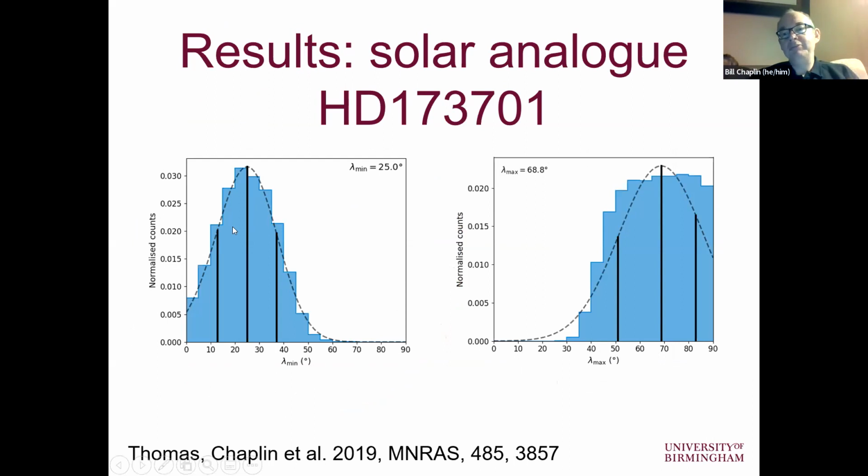The latitudes seem to be shifted upwards to higher latitudes. The minimum latitude, where the band of activity runs from, is pushed higher up to about 20 degrees. The top of the band, you can see here, is at a much higher latitude again than the sun's 30-40 degrees, here up around 70 degrees.